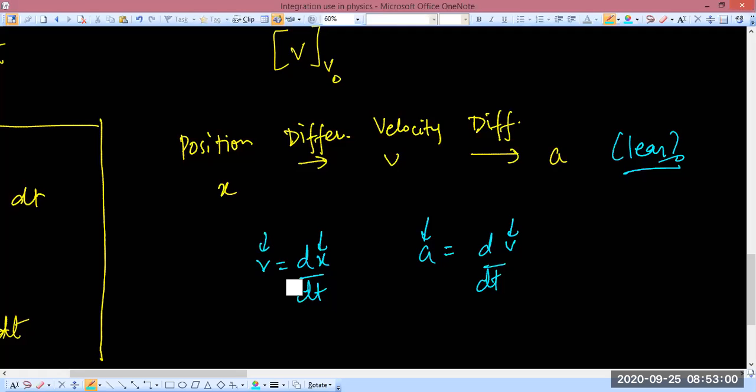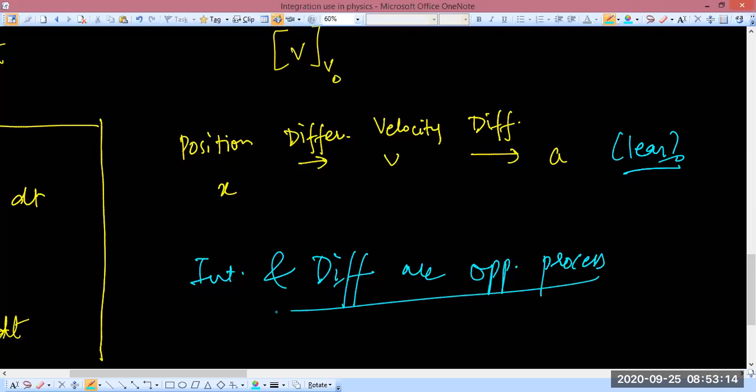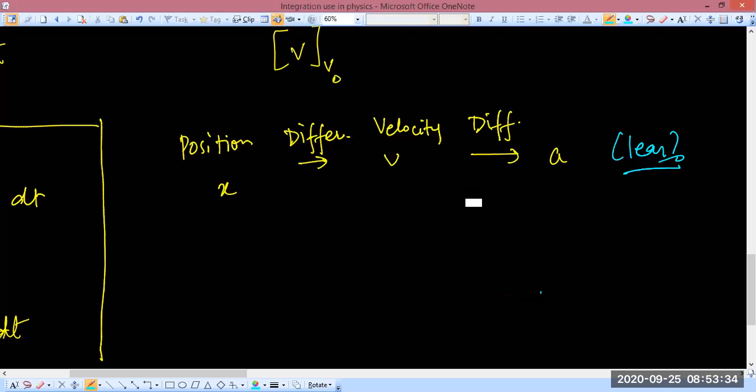Okay. So now, do you remember I wrote a line that integration and differentiation are opposite processes? Yes or no? Hurry up, people. It is quite natural that if you take acceleration and do its integration, you should get velocity.